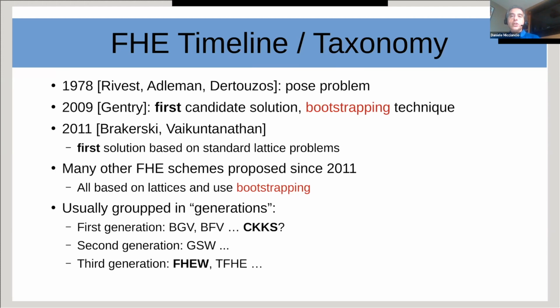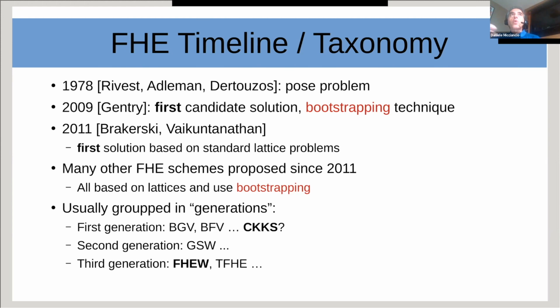And then a second generation started with the GSW scheme of Gentry, Sahai, and Waters that introduced a completely different method to multiply ciphertexts. There were very few variants of GSW. The scheme, as originally proposed, already had a number of very useful features.